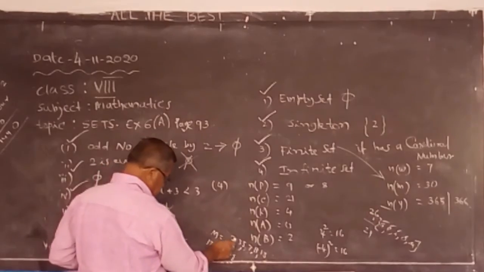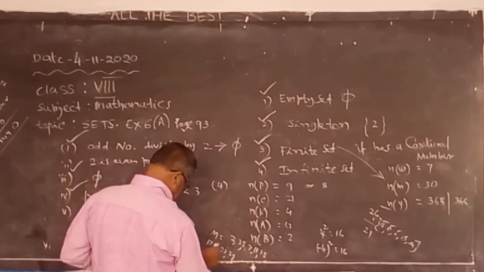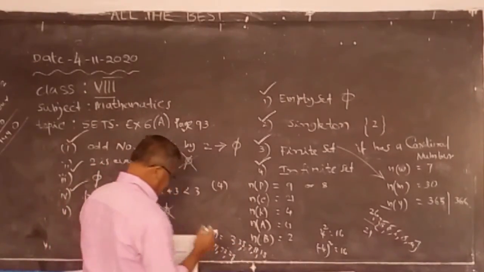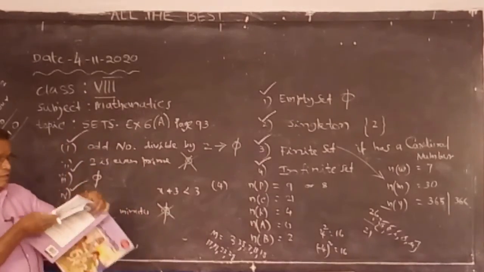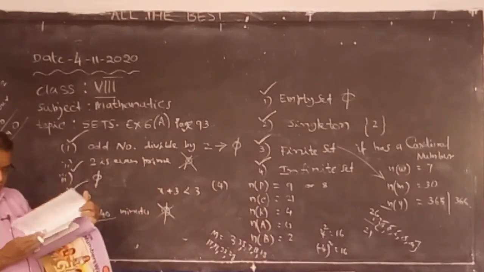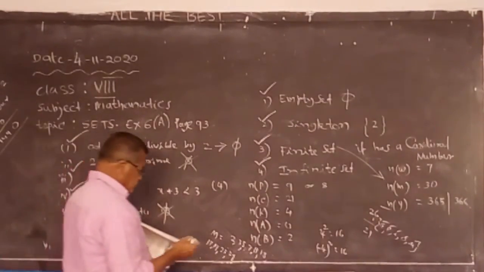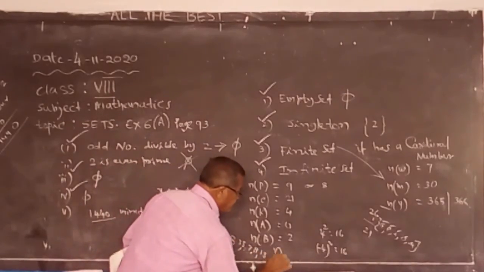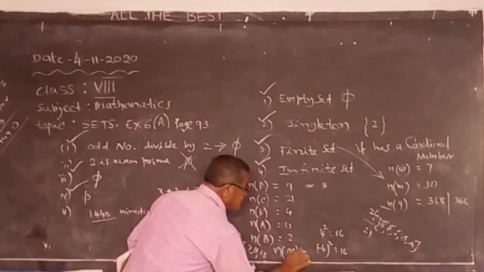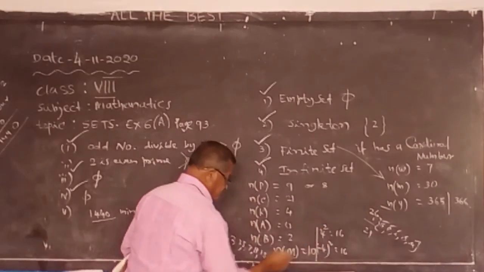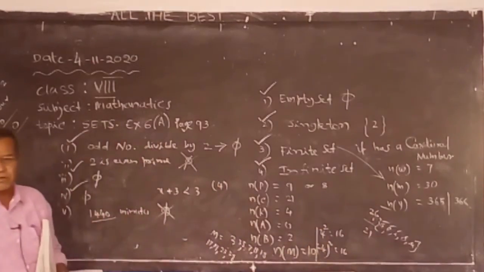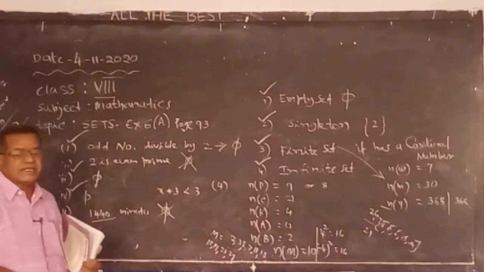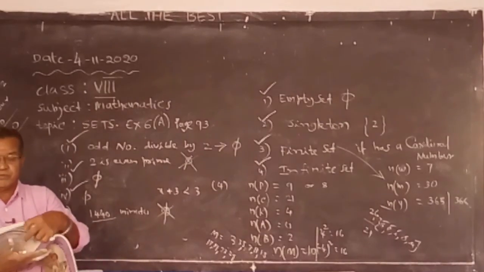Now count: 1, 2, 3, 4, 5, 6, 7, 8, 9, 10. There are 10 prime numbers, so you write n of M is 10. Simply write the prime numbers and count. The number only we call the cardinal number.